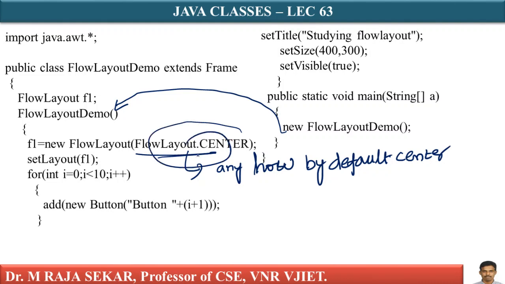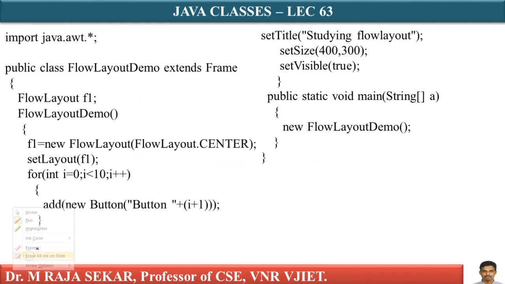Of course, if you want, you can write FlowLayout.LEFT, and in that case the alignment will be left side. If you want, you can write FlowLayout.RIGHT, that will be aligned to right. That's what it says. setLayout(f1).